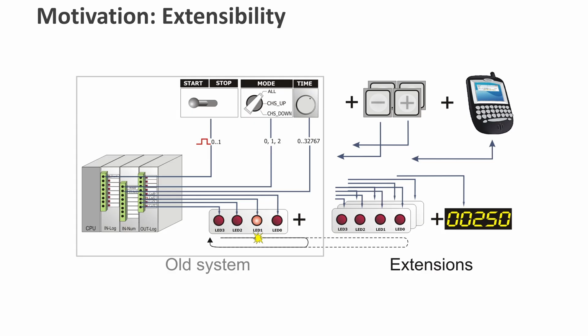There could be many opportunities for extensions, like adding additional buttons for changing the frequency, or adding mobile phone based buttons, for example, or adding a display that is displaying the frequency, or adding extra arrays of lights so that the lights will be running not along 4 but along 8, and then making a circle, for example. Different extensions can be imagined, and we'll just see how we do that.